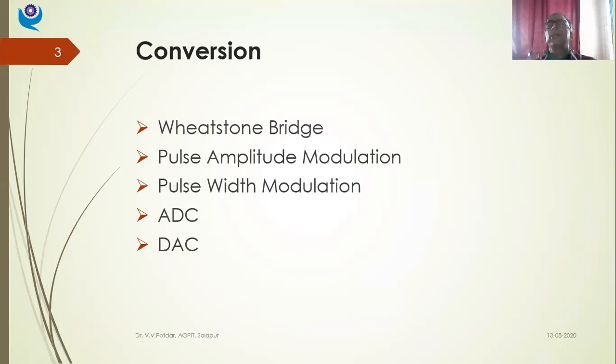So this is what we studied just after the lecture. You refer back to our notes on the strain gauge load cell, and we'll see how this Wheatstone bridge is used as a conversion circuit. Why is it called a conversion circuit? After discussing the load cell application, what I am practically doing is trying to measure the strain in the component.